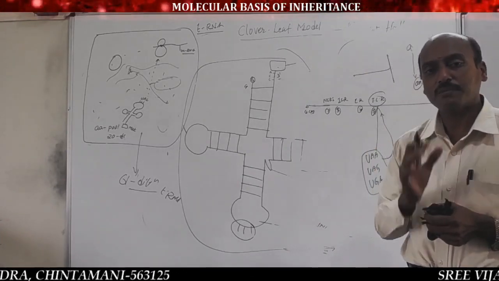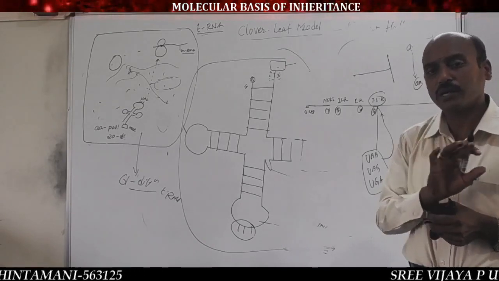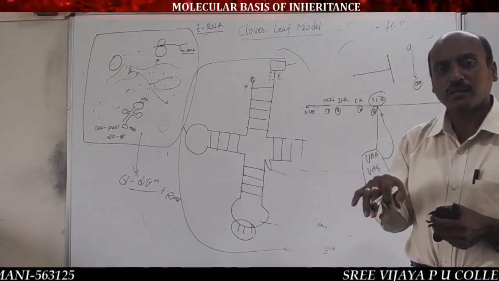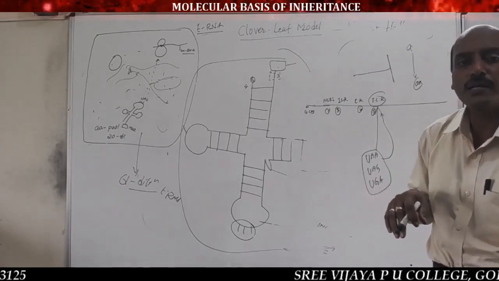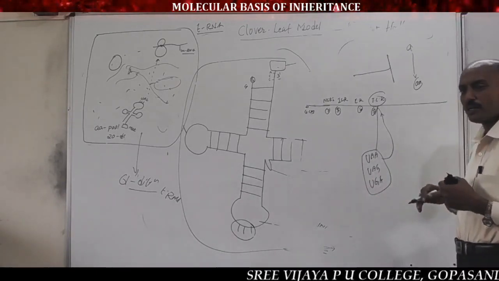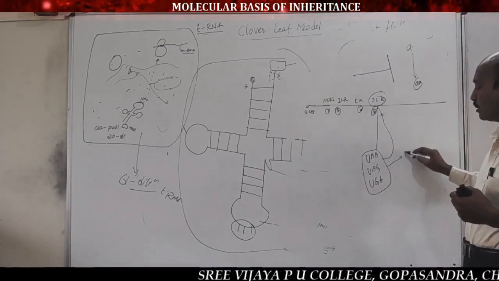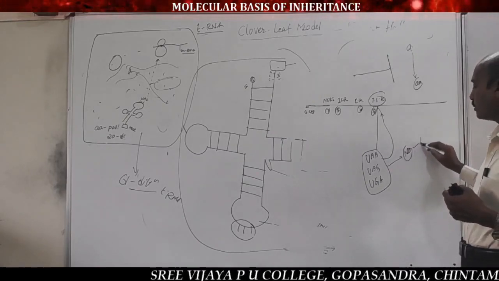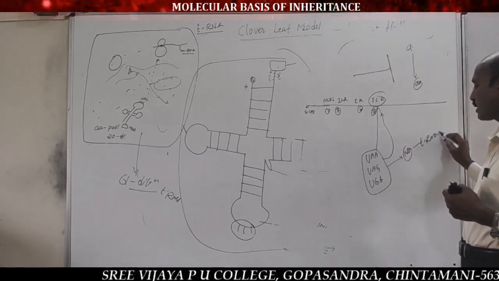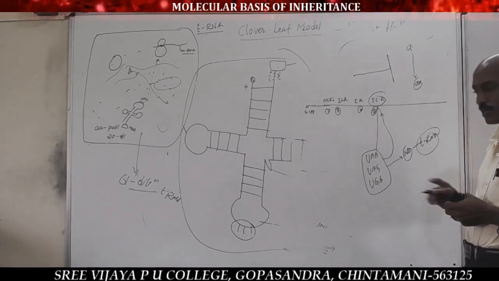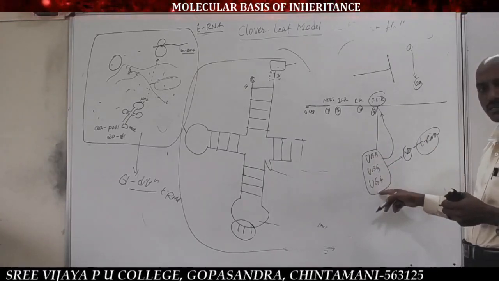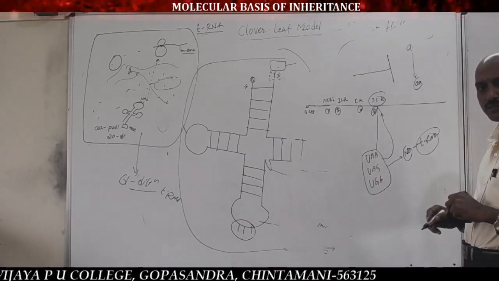Because the terminator codon does not code for any amino acid. Why, sir? Due to the absence of a corresponding tRNA. For terminator codons, there is no synthesis of tRNAs. That's why terminator codons never code any amino acid.